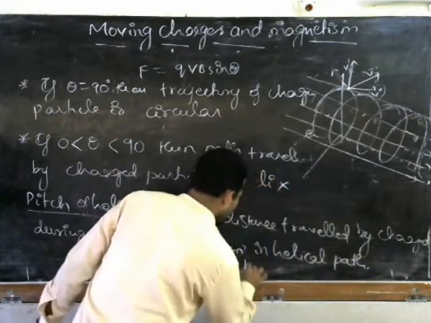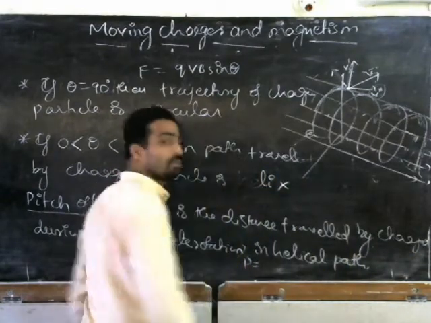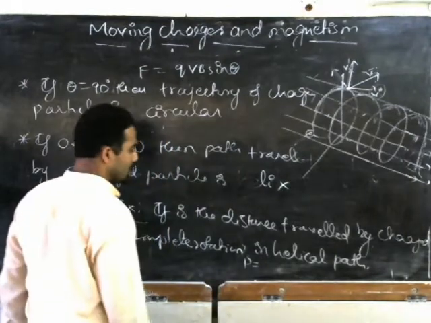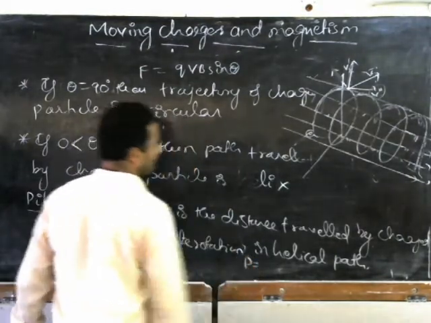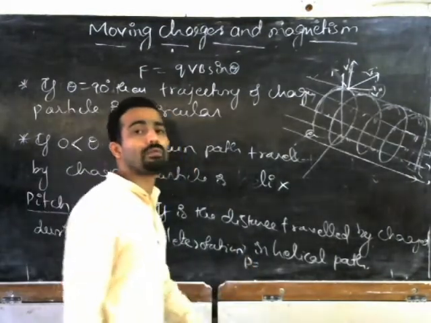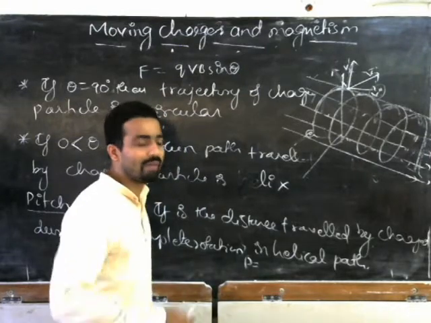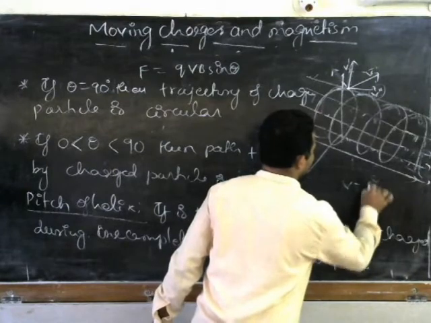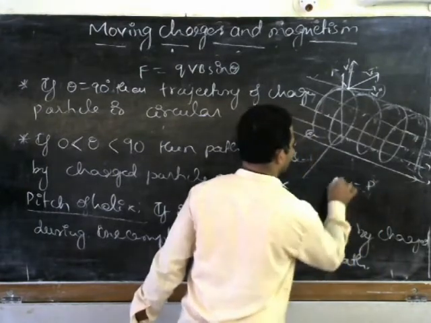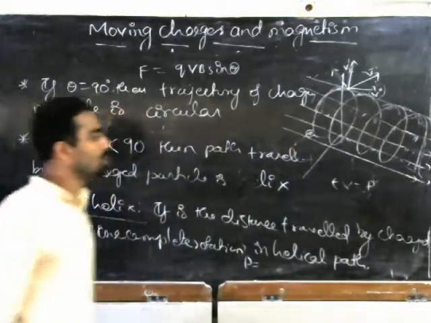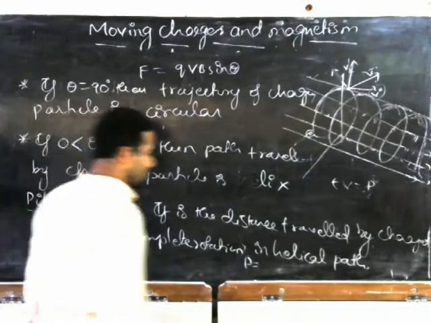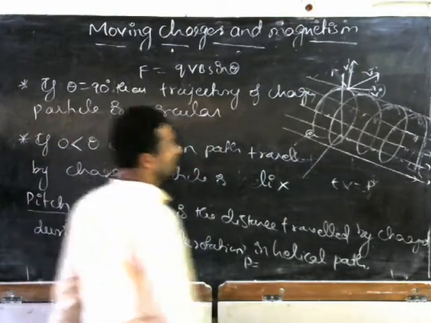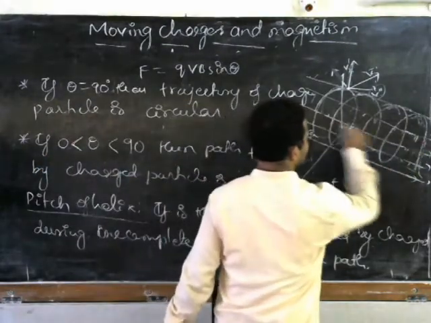P means pitch of helix. P is calculated with the help of the formula of velocity. We know that velocity is equal to distance by time. Here I have to introduce P, so I can write P is equal to v into T. The distance is along this path, right?